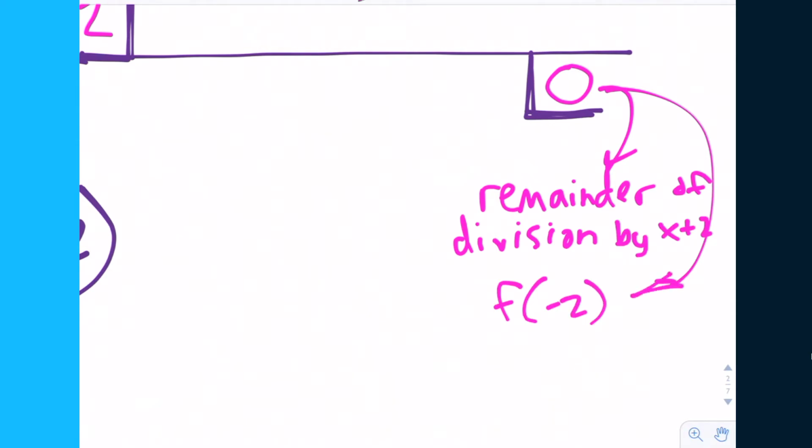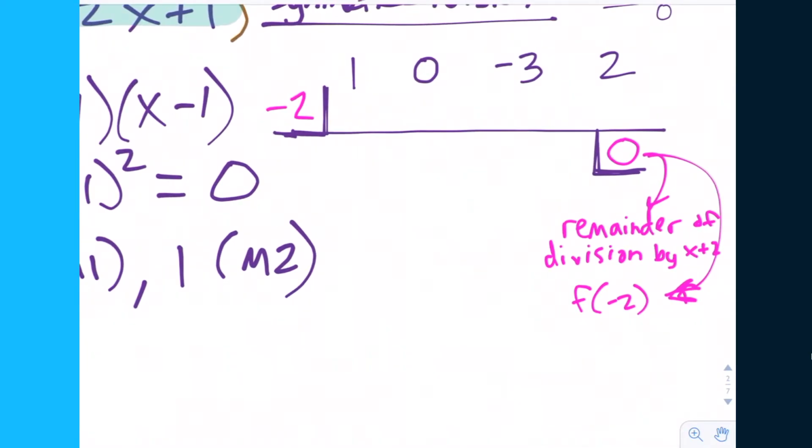It's the y value. So that's why you can call it synthetic substitution. What did we get when we plugged in a -2 up above? We got out a 0, okay? What do you get when you divide that polynomial by x plus 2? We got out a 0 above. So it's both the function value and the remainder.